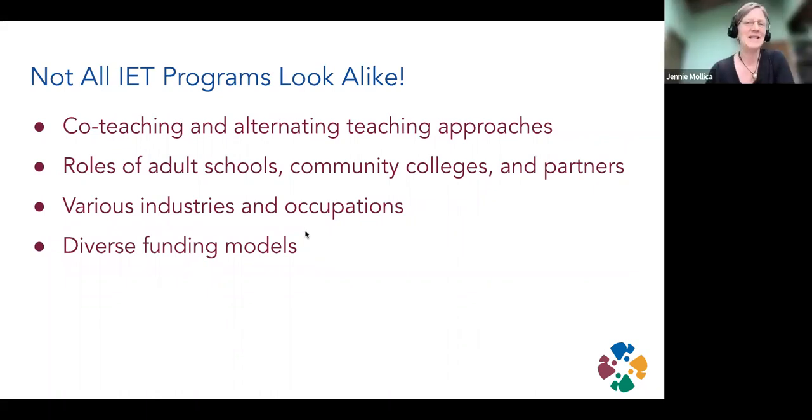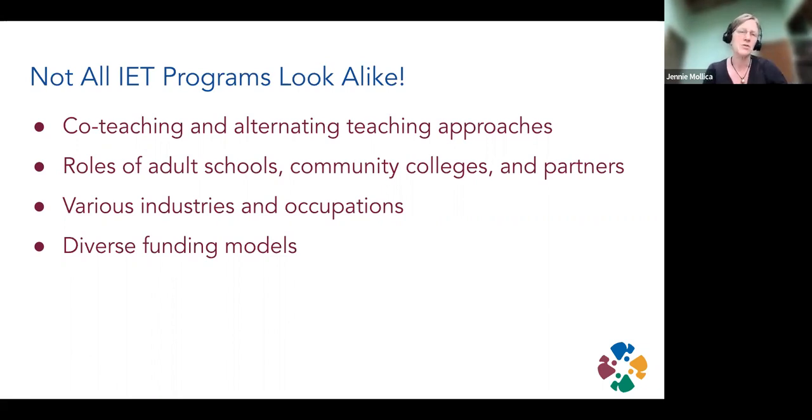All right, our last slide before we get into a quick summary of the research brief is just to point out that not all IET programs look alike. Like Peter mentioned, there are different models of teaching that integrate the basic skills and the career education, either co-teaching or alternating teaching.